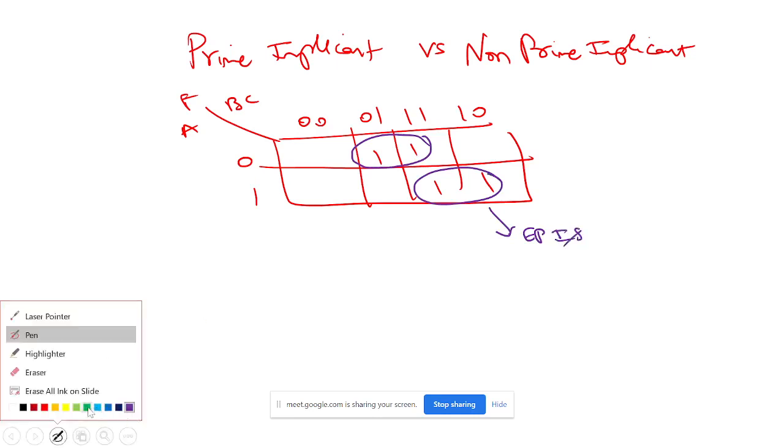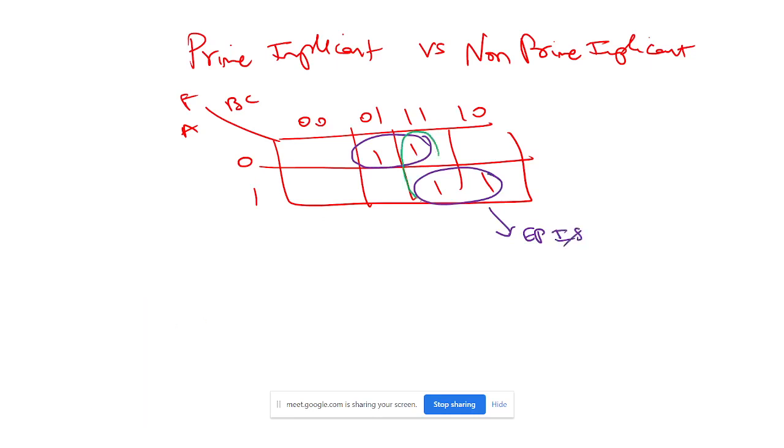Then this is RPI. Now suppose somebody says, what about this? This is also an implicant actually. What about this? If I write in Boolean form, A bar, B bar, C.